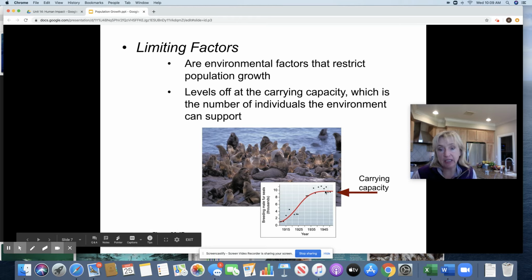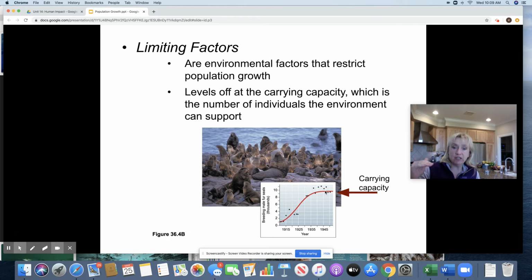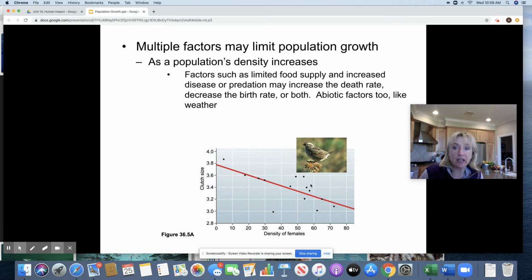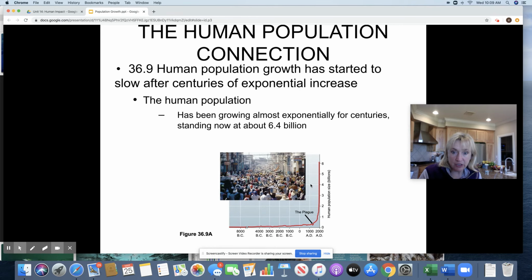Carrying capacity is the amount of individuals an environment can sustain long term. Multiple factors may limit a population's growth. Factors like food, increase in predation, so the more predators you have, the death rate, birth rate, and then there are abiotic factors like weather. All these things can limit populations.